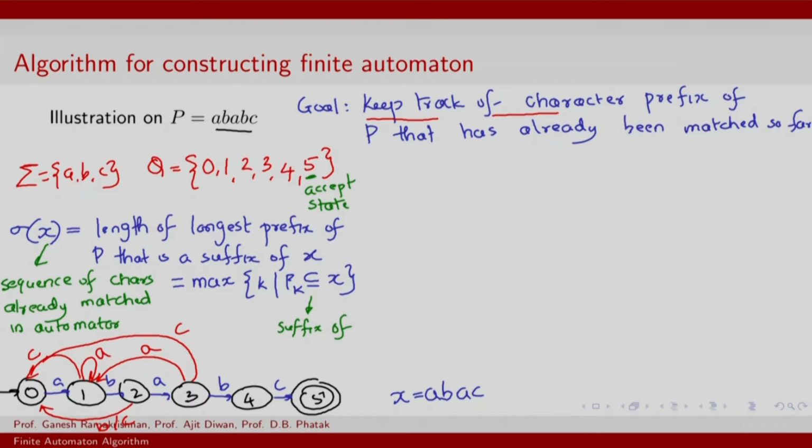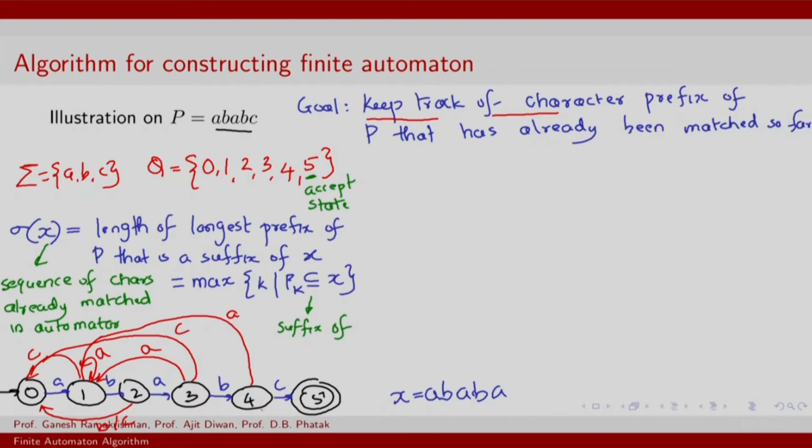We move on to state number 4 to complete the story now. What is the next possible character I see? A C will get me an accept, and for A, the length of the longest prefix of P that is a suffix of this new string is basically 1. So again this will take me back to state number 1.